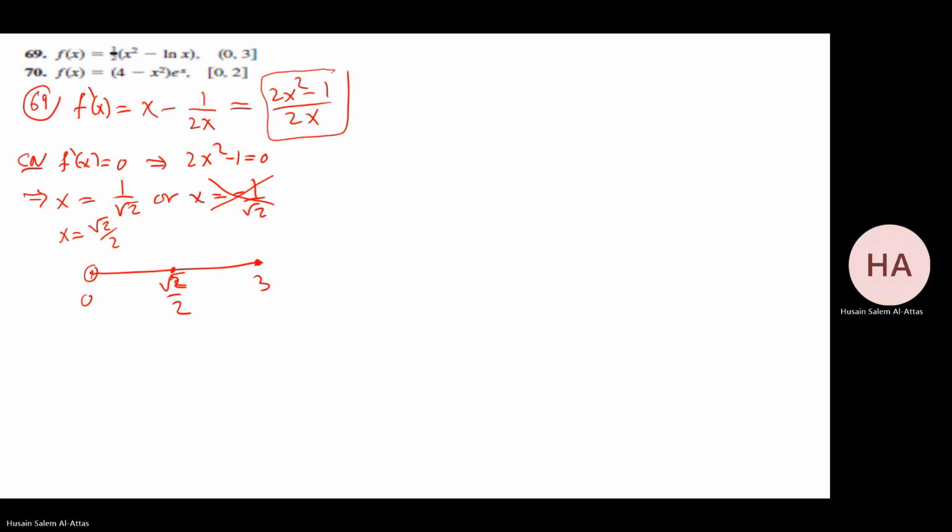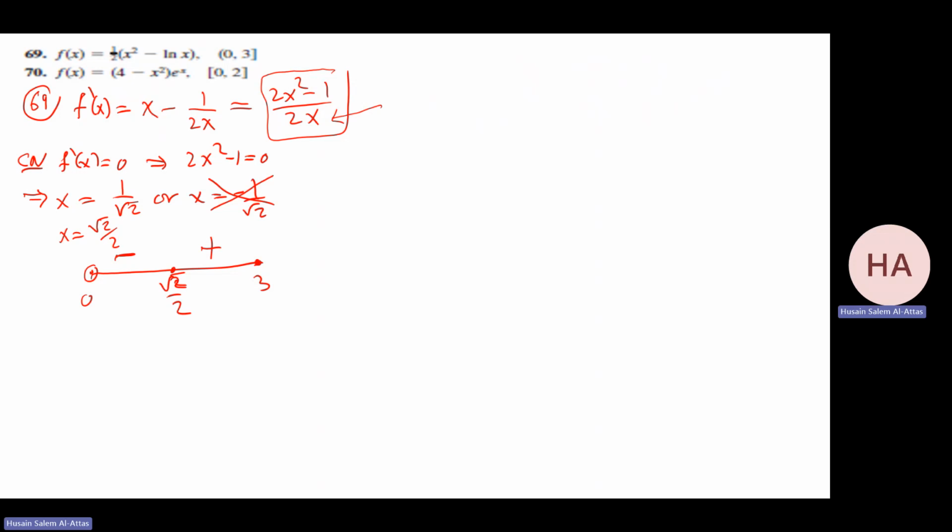This is always positive because the values are positive. 2x squared minus 1. Before that, take a value like half, for example. Half will give you 2 times 1 over 4, which is half, minus 1, that will be negative. Take a value here like 2. 2 will be positive, very clear.